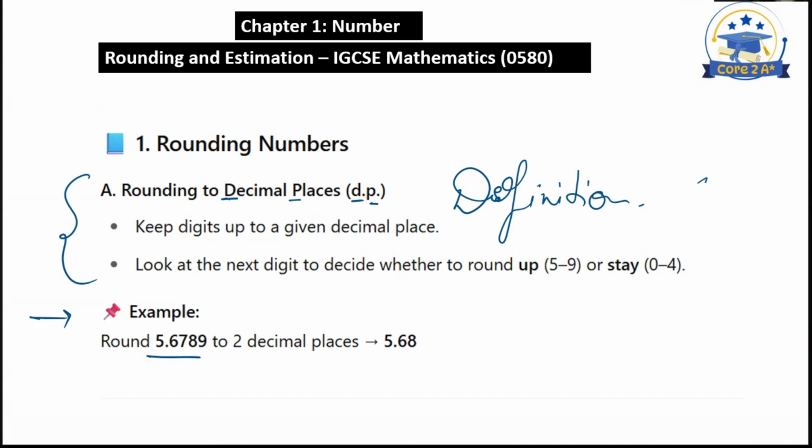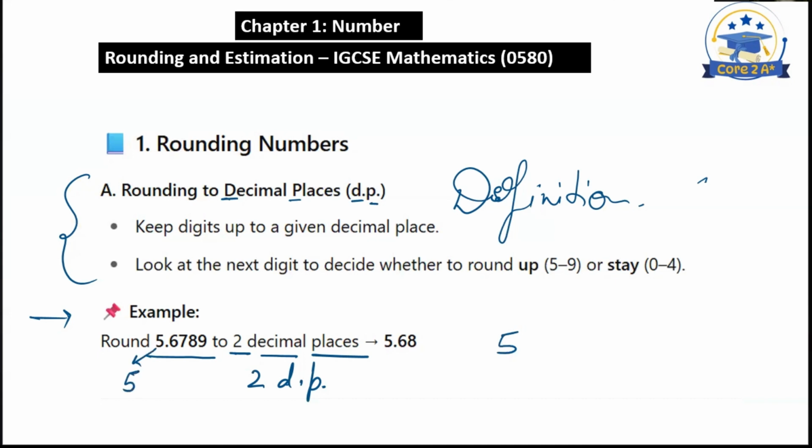Round this number to two decimal places, 2DP. So how can we round this huge number to just 2 decimal places? Before the decimal, we have 5.